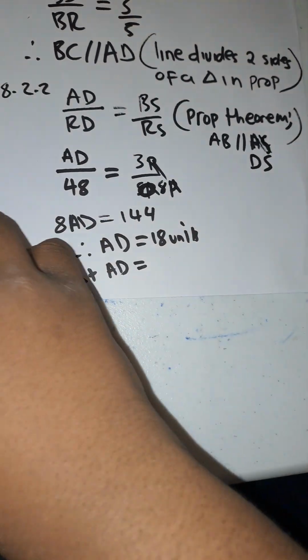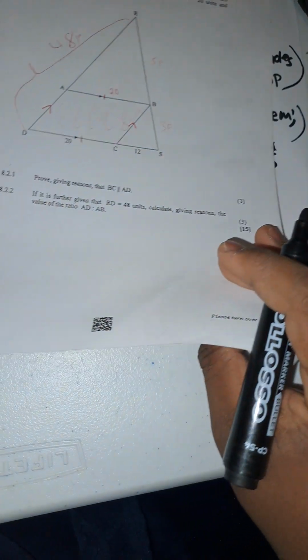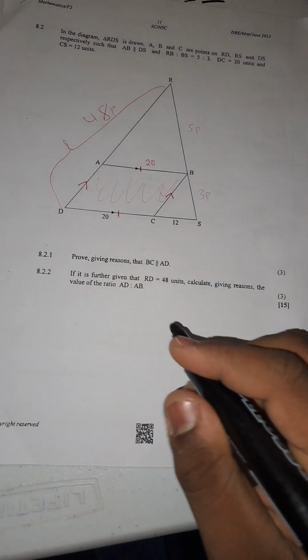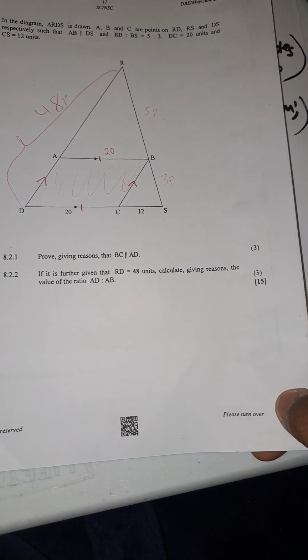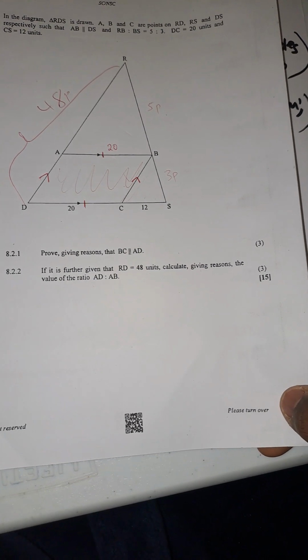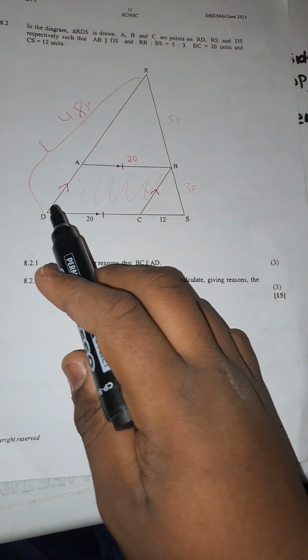Let me check here. You'll have to be careful now, because now you just have to use your maths there, because now they want AD and AP. Did we find our AD? Yes, we did it. We found it as 18, right? So now we have to find DC. But I just said DC is equal to AP, right?